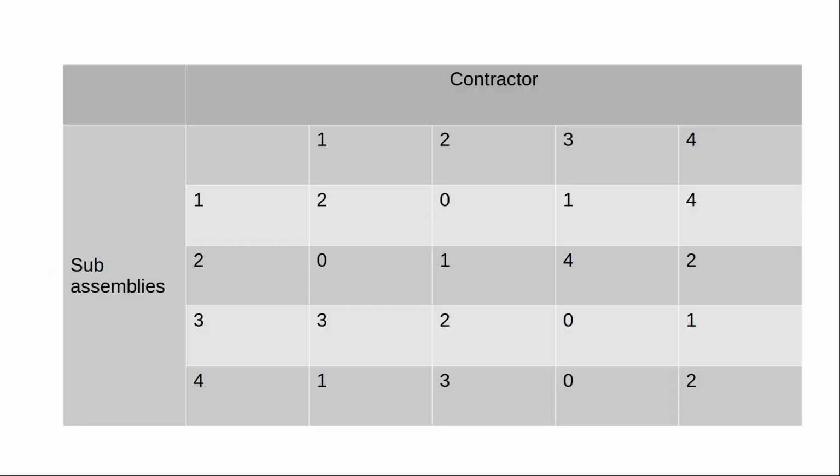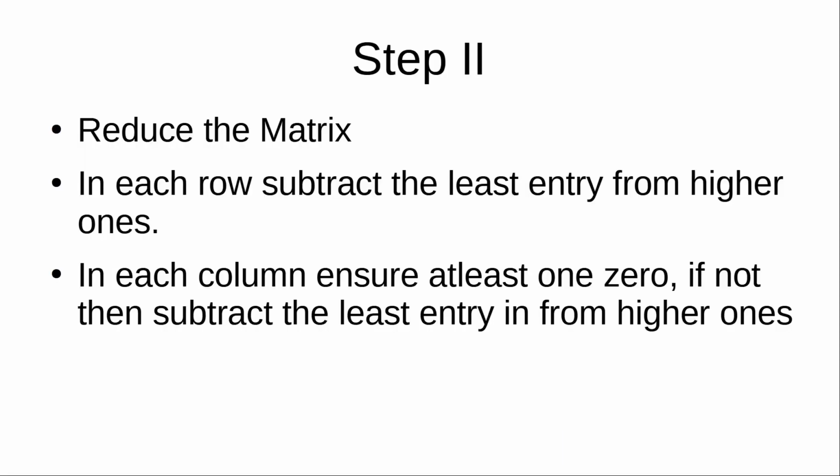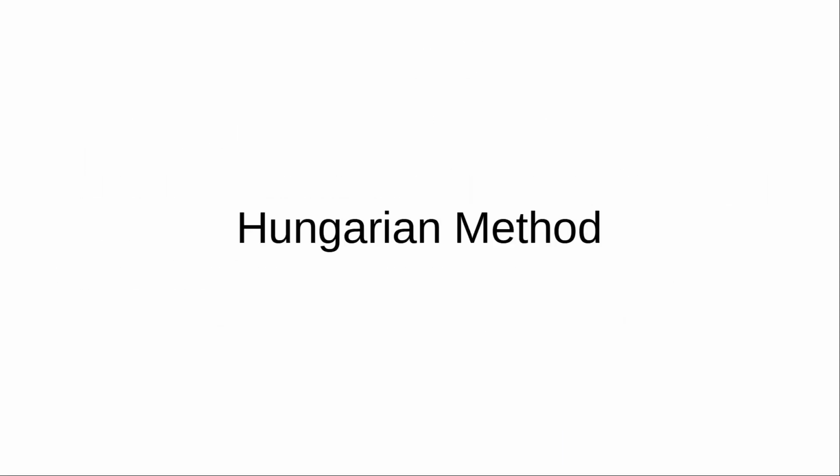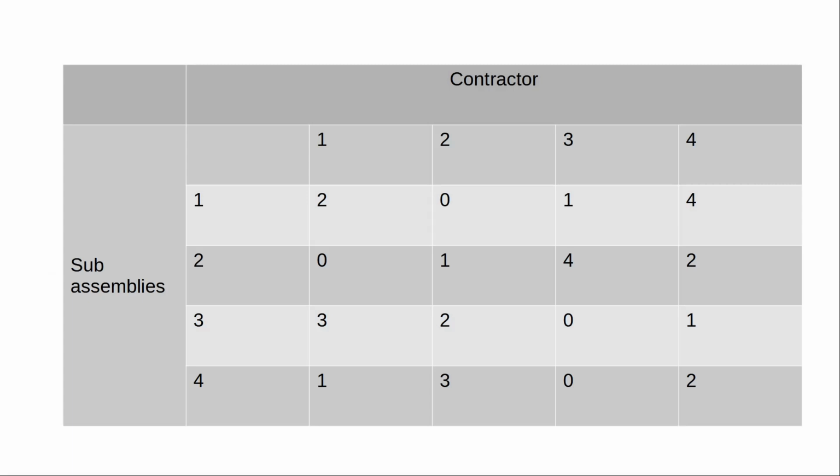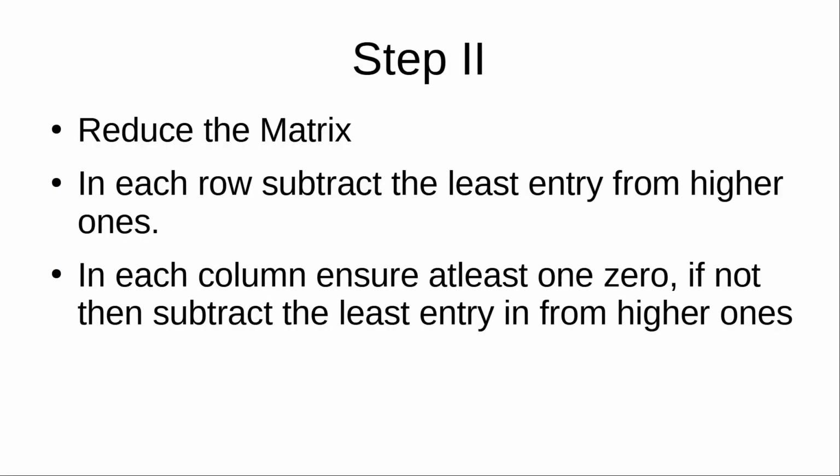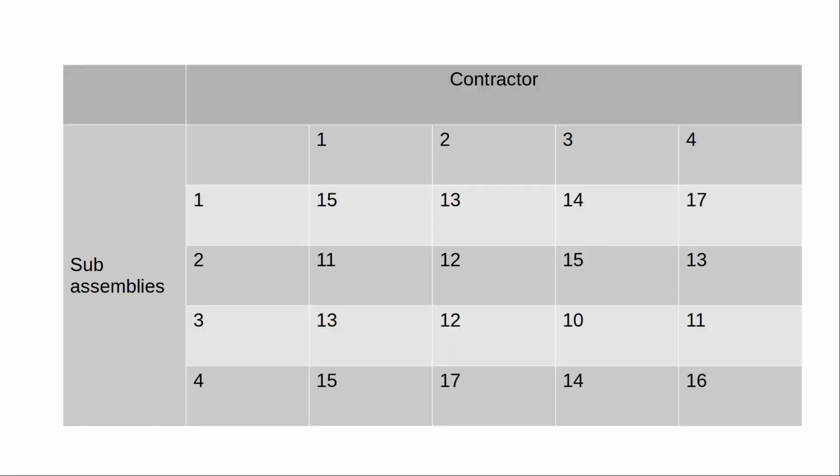Let's have a look at what we have done here. The least entry in row number 1 was in column number 2, that is 13.